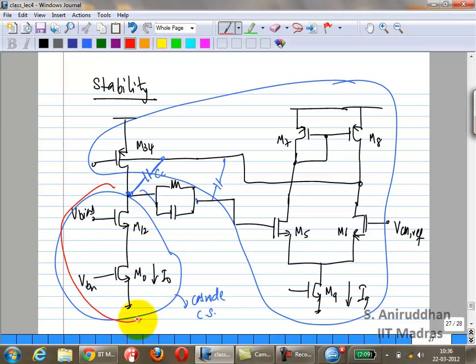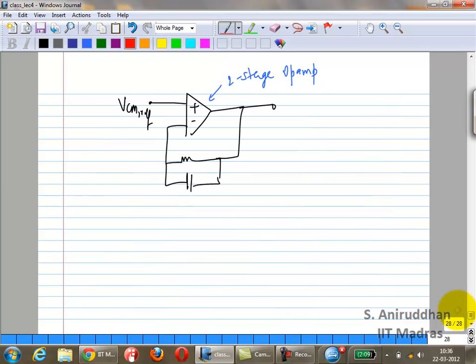Maybe I should have done this in red. The one done in blue is a two-stage op-amp. Correct? It has a differential pair with an active load followed by a common source stage. So it looks like a two-stage op-amp with unity gain feedback. Correct? So now you definitely know it needs to be compensated.